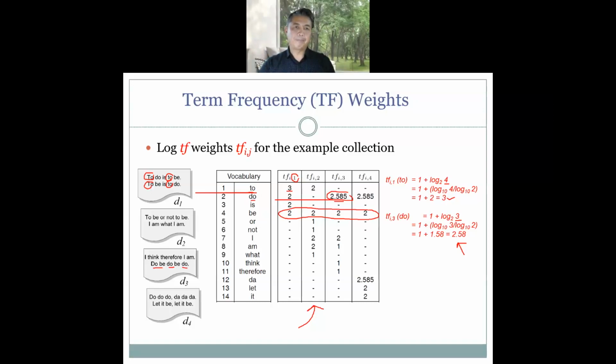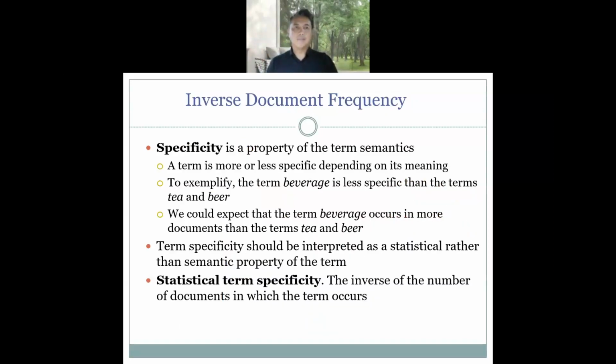So what is the formula for inverse document frequency? For the inverse document frequency, we look at the specificity, which is a property of the term semantic. It says that the more the word exists in the documents, the less important it is.